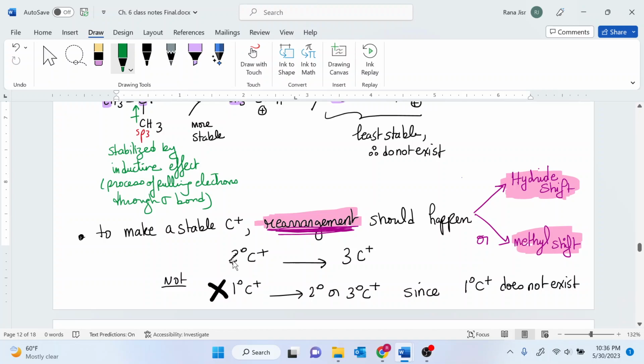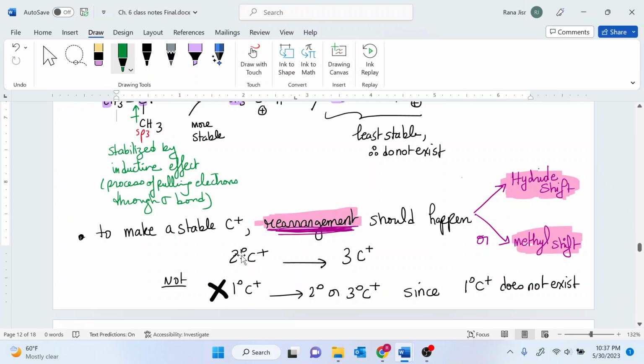The rearrangement happens from a secondary carbocation to a tertiary carbocation, and it happens by two methods: either by moving a hydrogen or moving a CH3 in case the hydrogen was not there. Rearrangement cannot happen from a primary carbocation to a secondary or tertiary because primary carbocations do not exist.